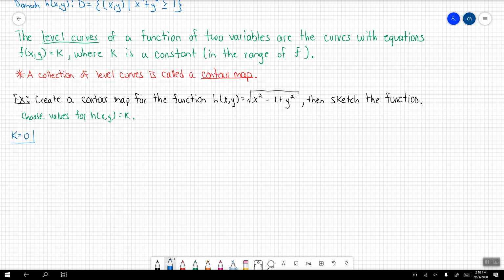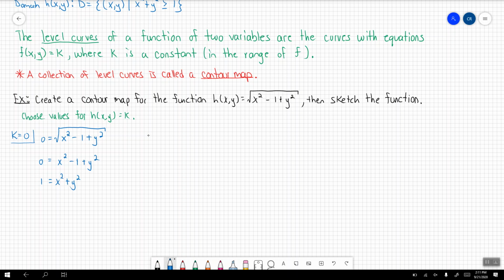So if k or z is equal to 0, then what we get here is 0 is equal to the square root of x squared minus 1 plus y squared. Squaring both sides, still get 0 is equal to x squared minus 1 plus y squared, which means we get x squared plus y squared is equal to 1. All right, so that's one of my values.